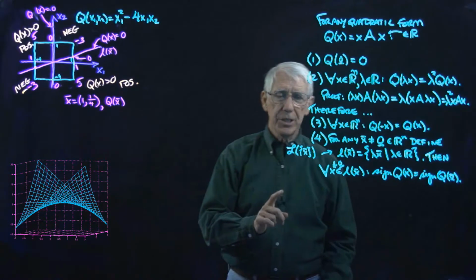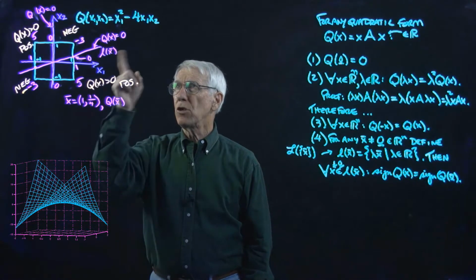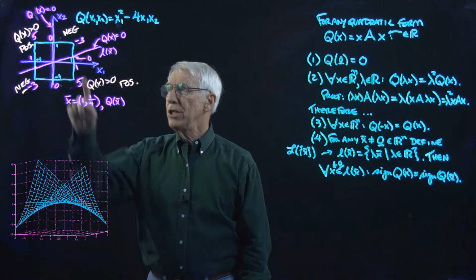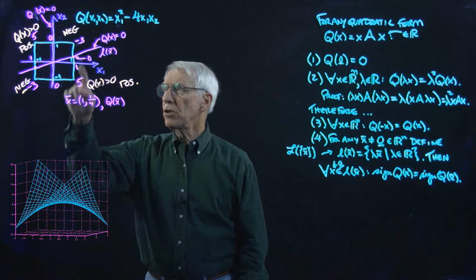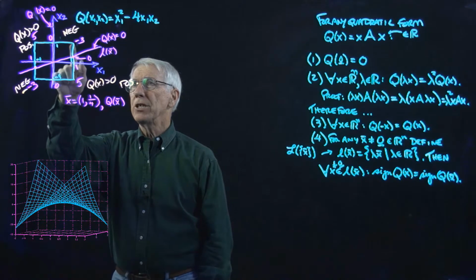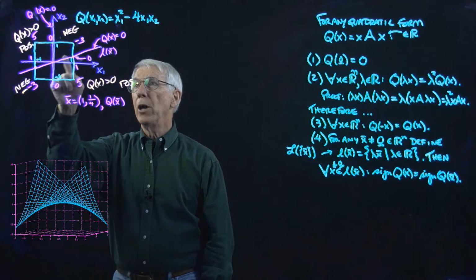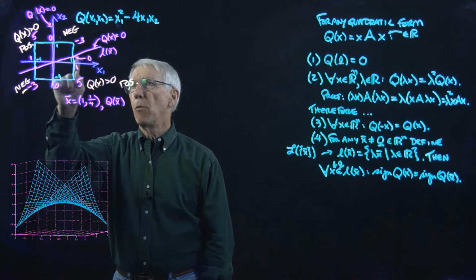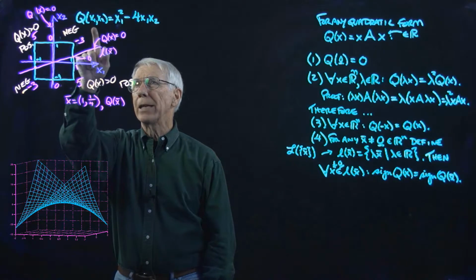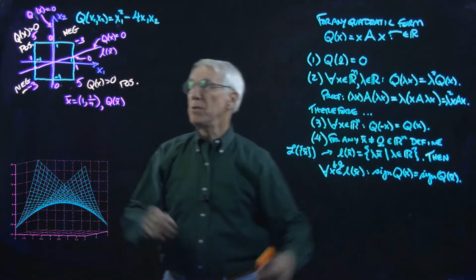I can tell everything about this quadratic form by just looking at what it does on this square, because I know that if its value is -3 here, it is negative everywhere along this line. Moreover, I know that if I go out twice as far from (1, 1) to the (2, 2) vector, its value gets 4 times as big.